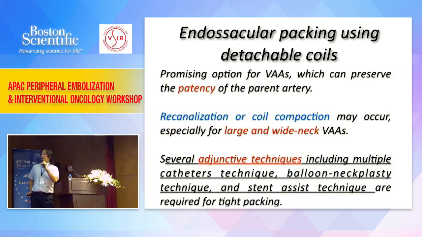However, same as with cranial aneurysms, there's a risk of recanalization or coil compaction, especially for large and wide neck aneurysms. And as I previously mentioned, our indication is about 2 centimeters, so it's classified as a large aneurysm. So we need several adjunctive techniques to embolize the aneurysm very densely and tightly.